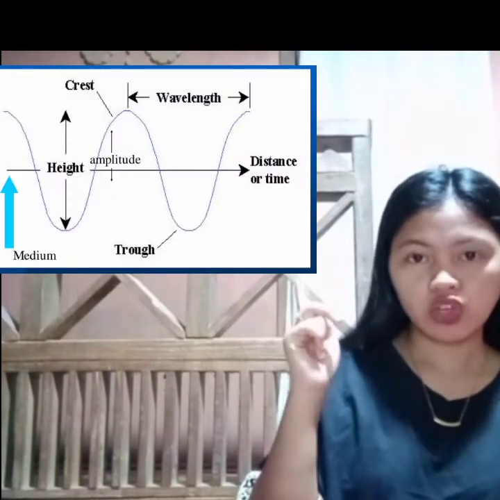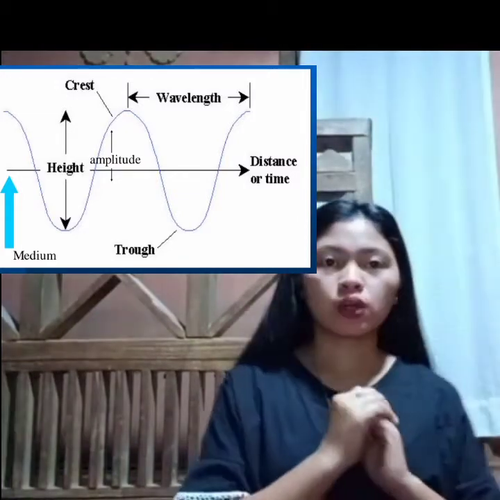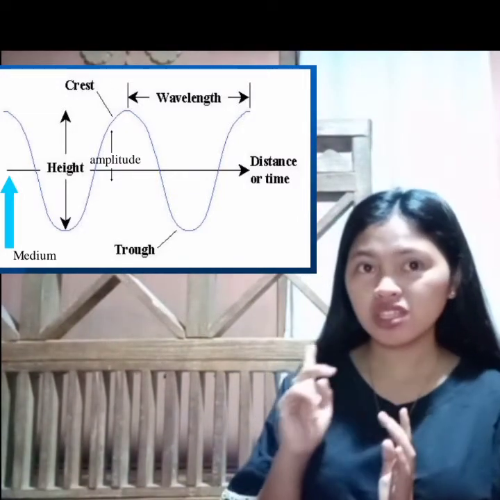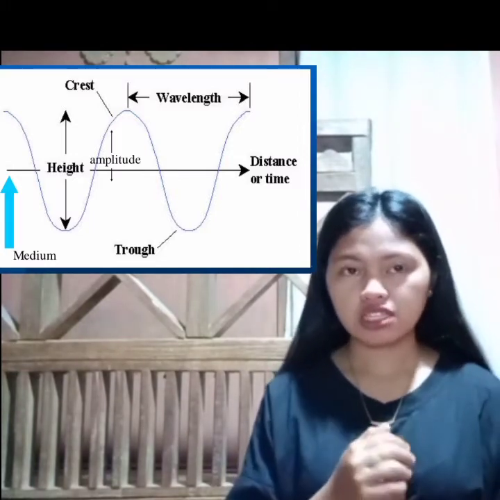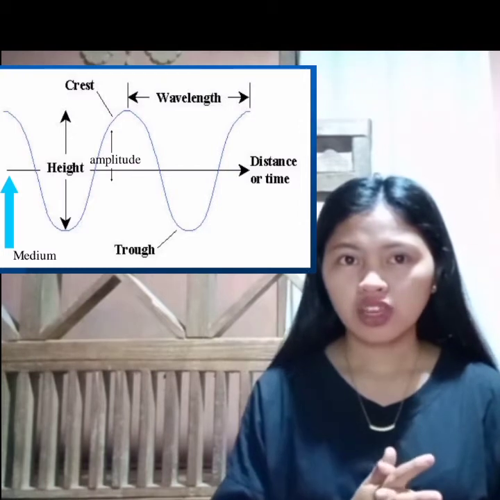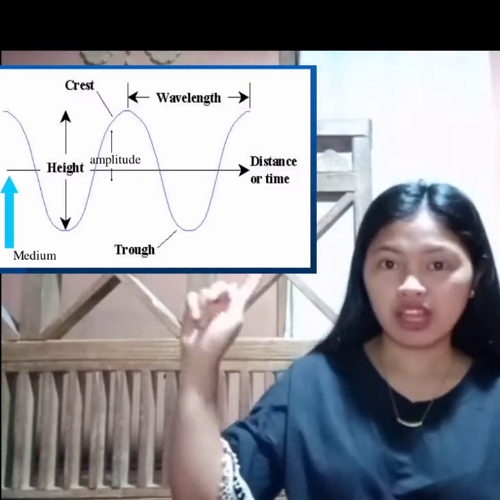Now, let us recapitulate what we have discussed with the help of this figure. The highest point above the rest position is the crest. The lowest point below the rest position is the trough. The distance between one wave and the next is the wavelength.